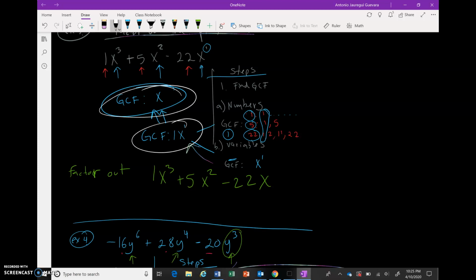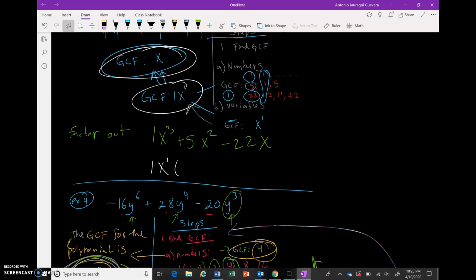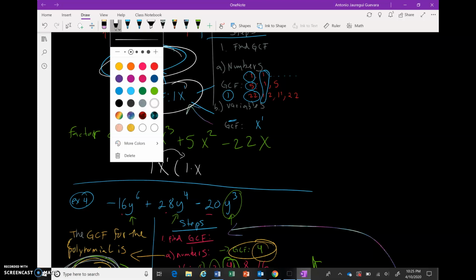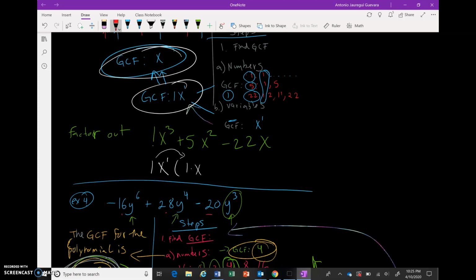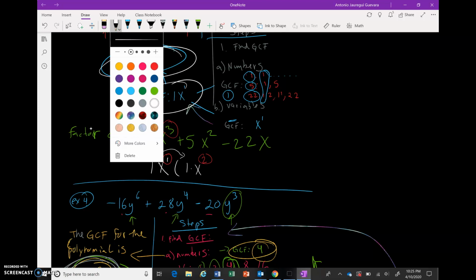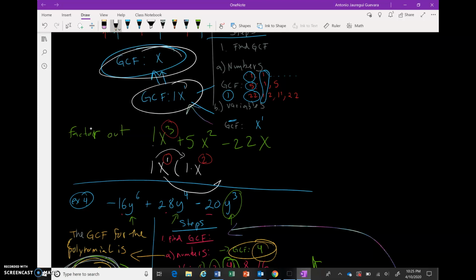We said it. So 1x, and then you have to think about 1 times what will give you 1? Well, that's 1. And x times x to the power of what will give you x to the power of 3? Well, that's 2, because 1 plus 2 gives me 3. Now we try it again: 1x times what number will give me 5?